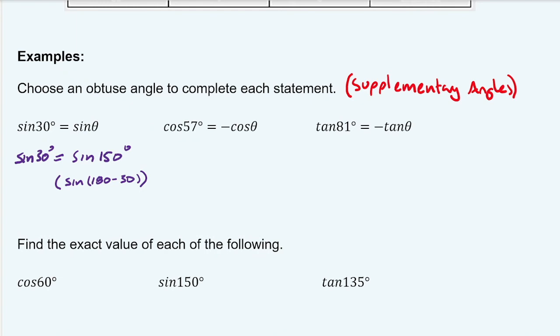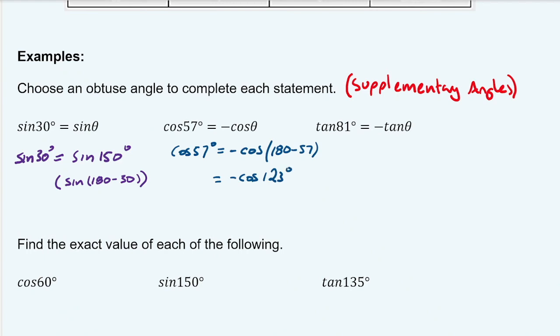Cos 57 is going to be the negative of cos 180 minus 57, which is minus cos 123.